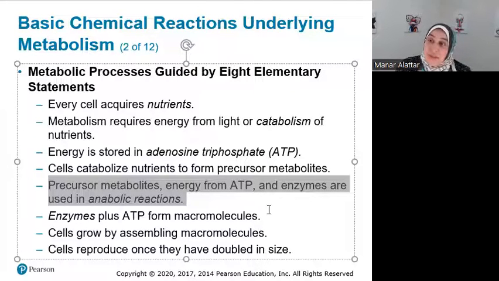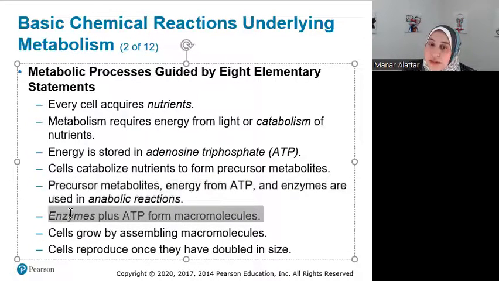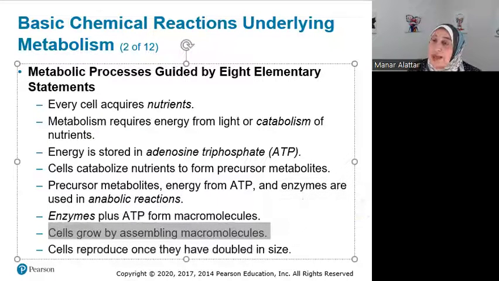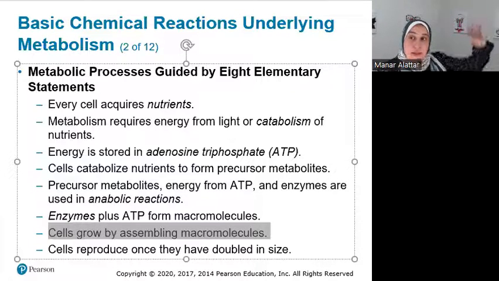For us to actually build up our systems and our macromolecules, we need enzymes, which are the workers, and energy, which is in the form of ATP, okay? And that is how we, as cells or organisms, grow: by assembling macromolecules from the precursor components that come in via the food that we eat in our nutrients, and the energy that's been transformed into ATP.